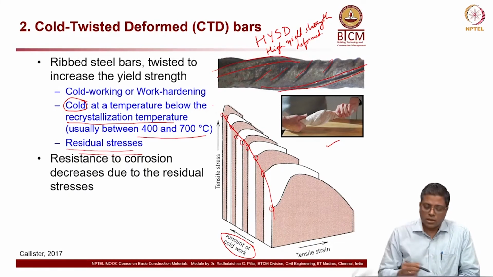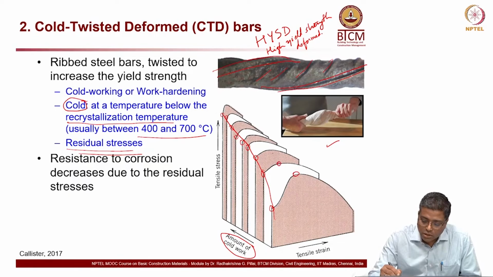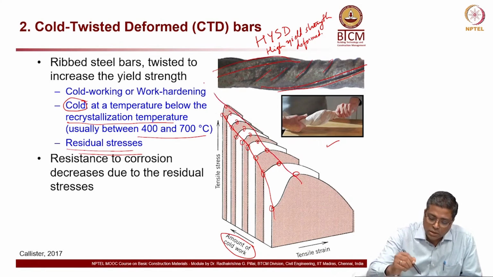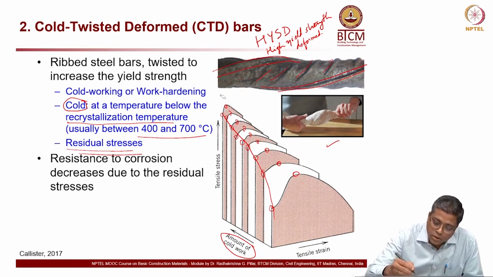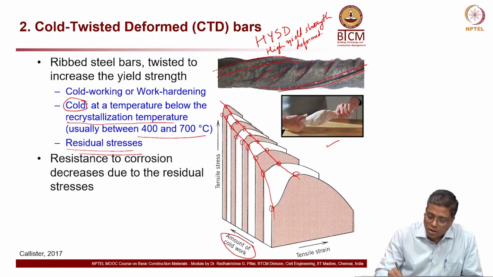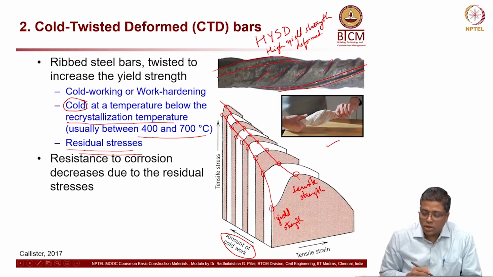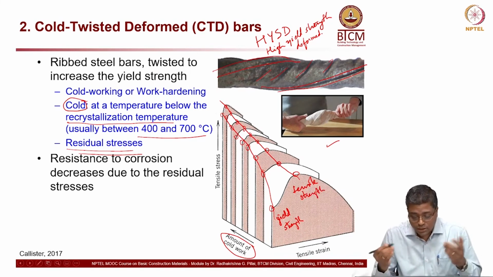Also the tensile strength, the peak value, is also increasing. This is the tensile strength curve, and this is the yield strength, and this is the tensile strength. And also ductility decreases.